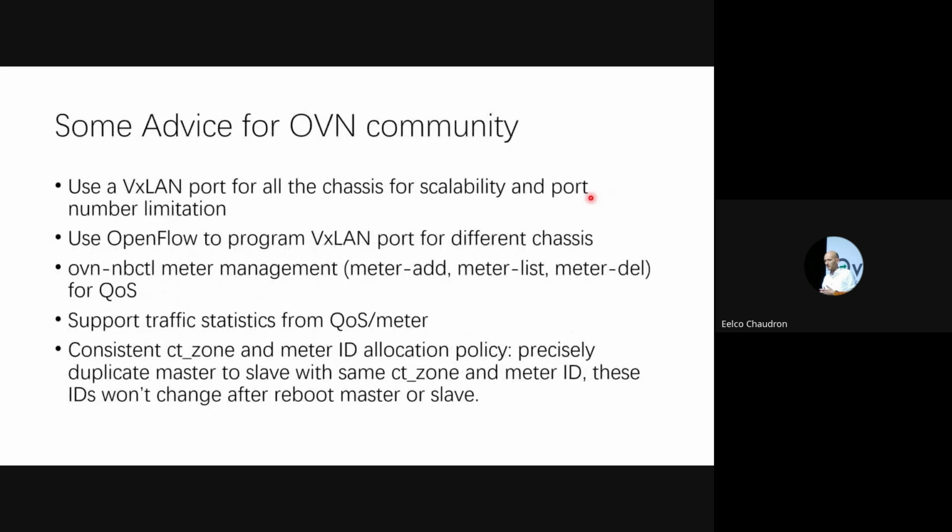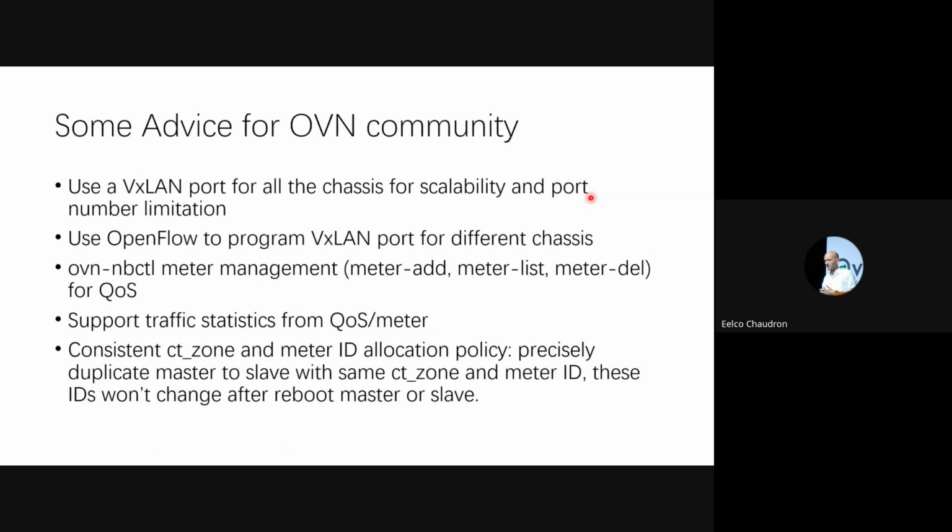So how can we fix these challenges? We give some advice to the OVN community. We think OVN can create only one VXLAN port for all the chassis to fix the scalability issue and the port number limitation.